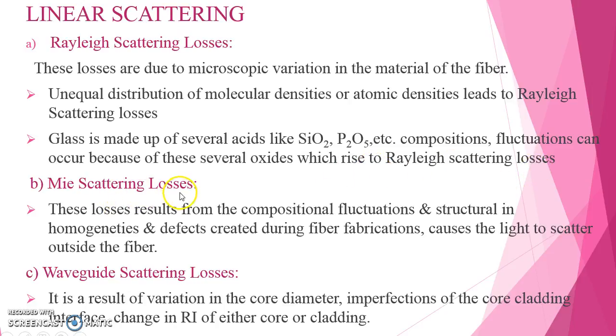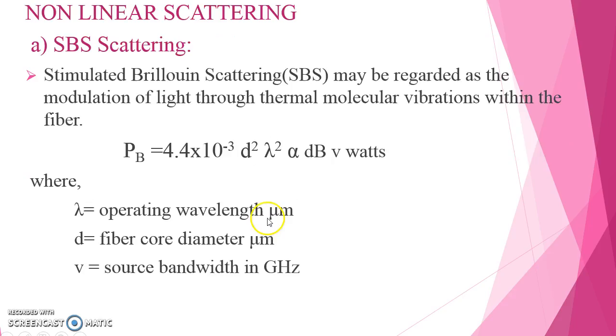Mie scattering losses. These losses result from the compositional fluctuations and structural inhomogeneities and defects created during fiber fabrication, which cause the light to scatter outside the fiber. Waveguide scattering losses. It is a result of variation in the core diameter, imperfection of the core cladding interface, and changes in the refractive index of either core or cladding.